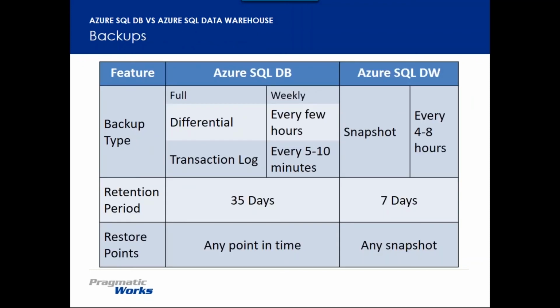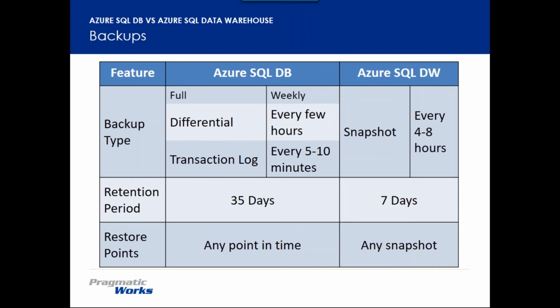The way that backups are managed is a little bit different between the database and the data warehouse. Ultimately, the data warehouse does not take backups as frequently. On the database, it's doing transaction log backups every 5 or 10 minutes, is what the documentation says. So if there's a failure, or if you need to roll back with the database, you can roll back to pretty specific points in time.